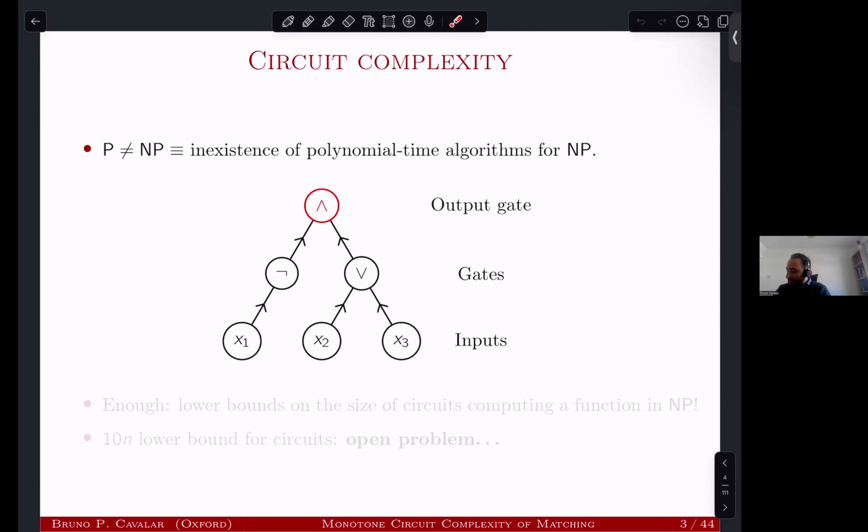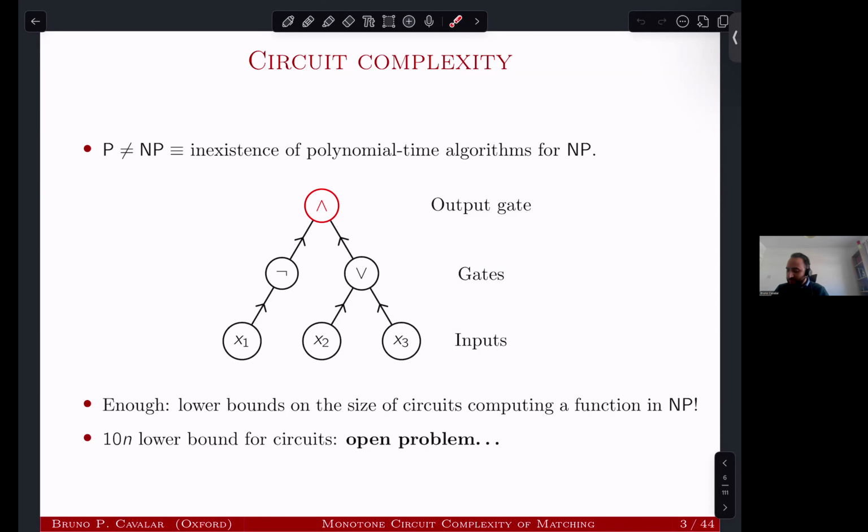It's known that it's enough to show lower bounds on the size of circuits, where size means the number of gates necessary to compute a function in NP. But proving lower bounds on the size of the type 10n is still an open problem. If any of this isn't clear, please interrupt me.